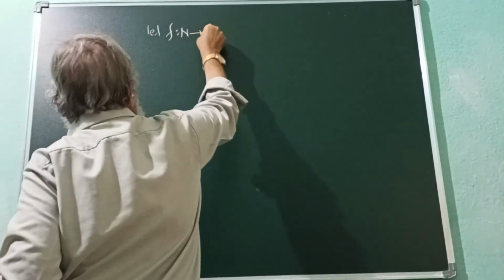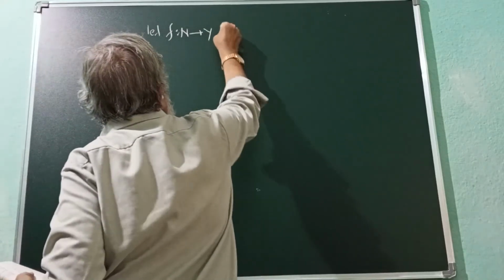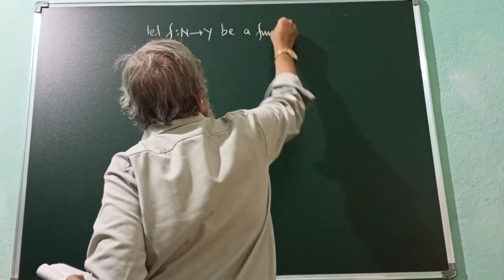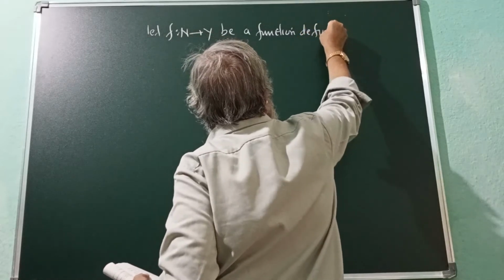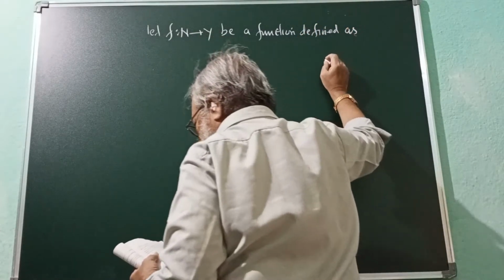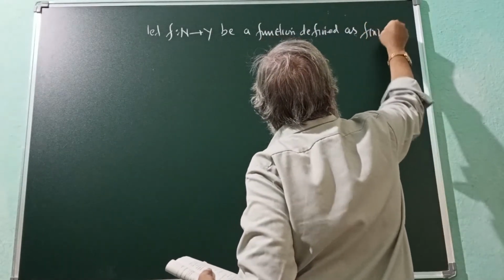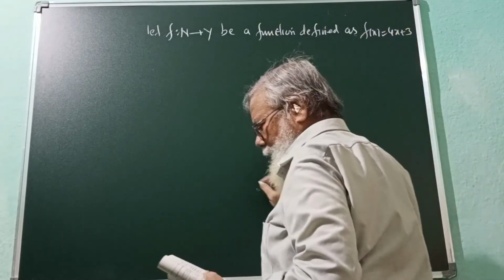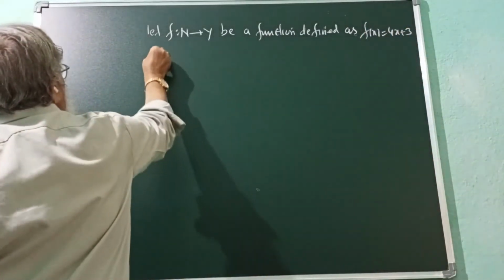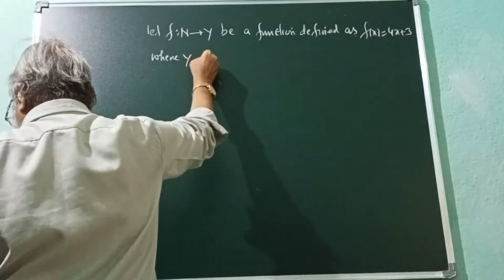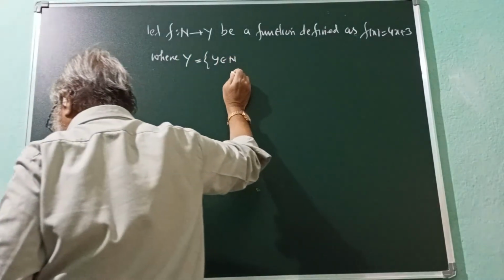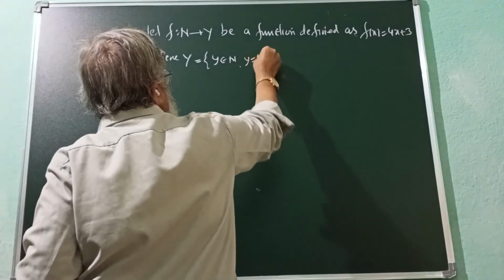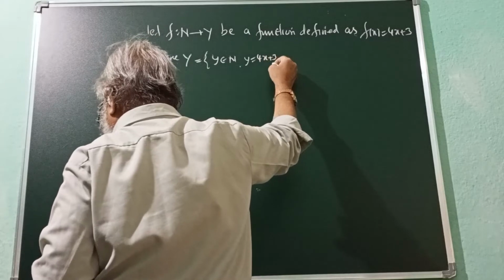Let f from N to Y be a function defined as f(x) = 4x + 3, where Y = {y : y belongs to N and y = 4x + 3 for some x belongs to N}.